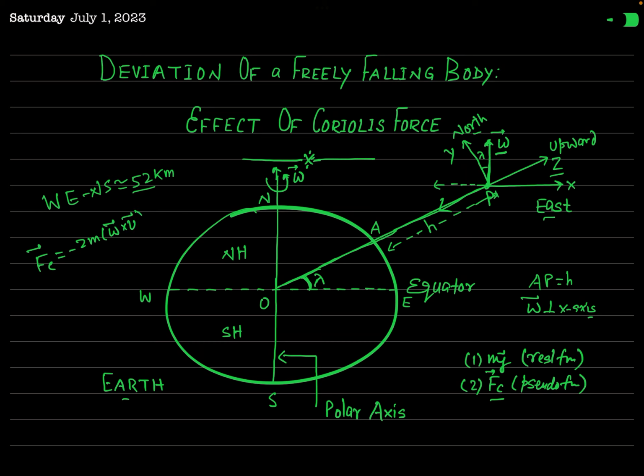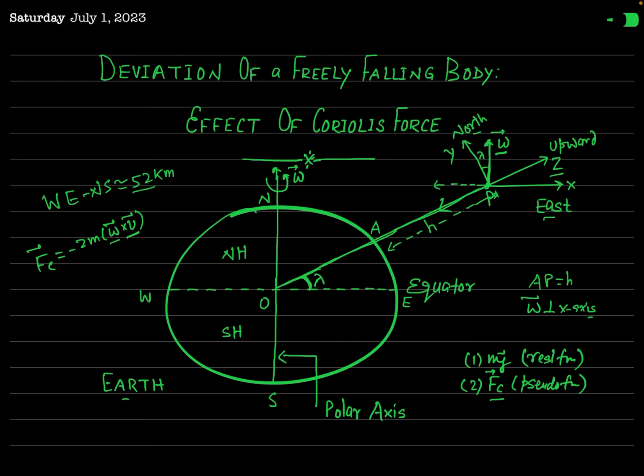In earlier classes I wrote v dashed, but here I am writing v because we are talking about the motion of only one particle, and this v is the velocity of our particle with respect to this rotating earth, and omega is the angular velocity of the earth. Here the earth has been treated as a rotating frame.